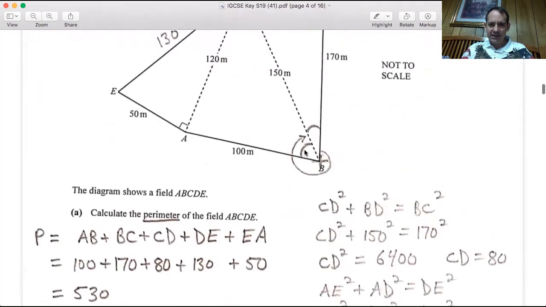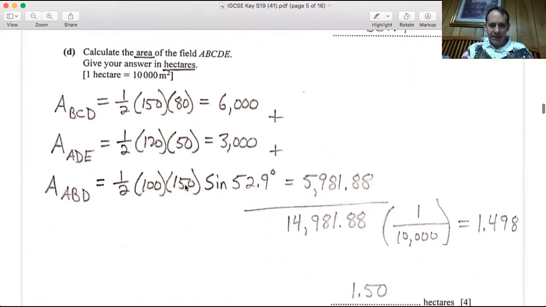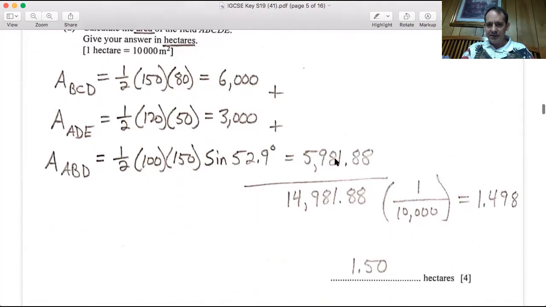So 1/2 ab, that's the two sides, times sine of the included angle. This is your trigonometric formula for a triangle, and you get 5,981.88.